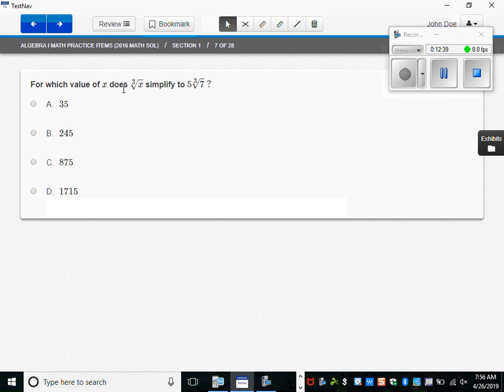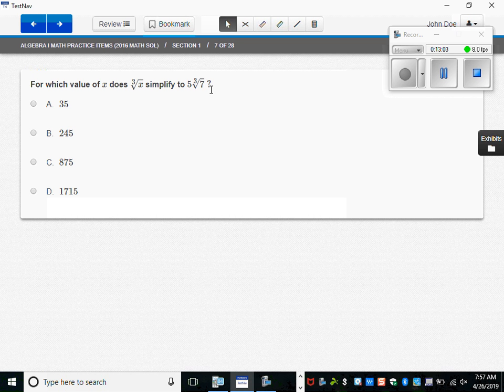All right, here it says, for each value of x, which one of these basically simplifies to 5 cube root of 7? So you would take your calculator and do 35 divided by x to the third, 245 divided by x to the third, and see which one comes out with the 5 and the 7.